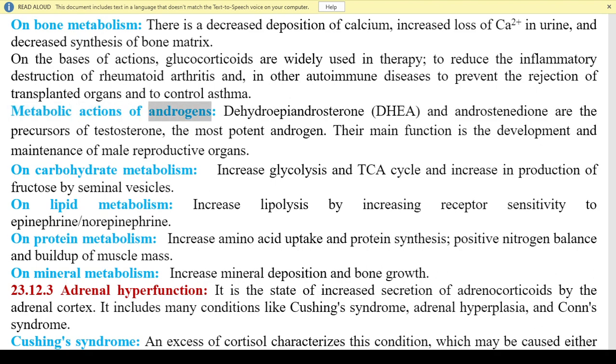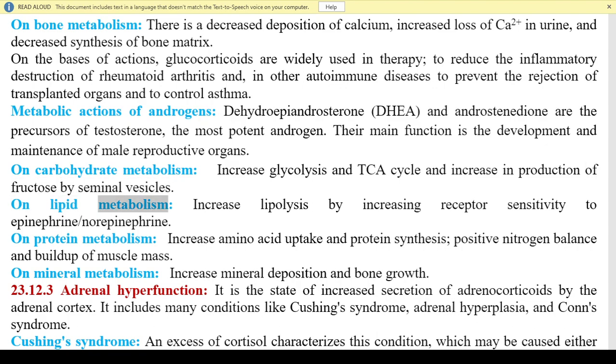Metabolic actions of androgens. Dehydroepiandrosterone, DHEA, and androstenedione are the precursors of testosterone, the most potent androgen. Their main function is the development and maintenance of male reproductive organs. On carbohydrate metabolism, they increase glycolysis and the TCA cycle and increase production of fructose by seminal vesicles.